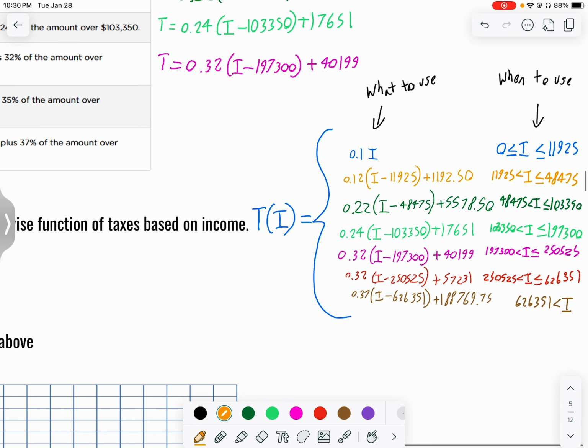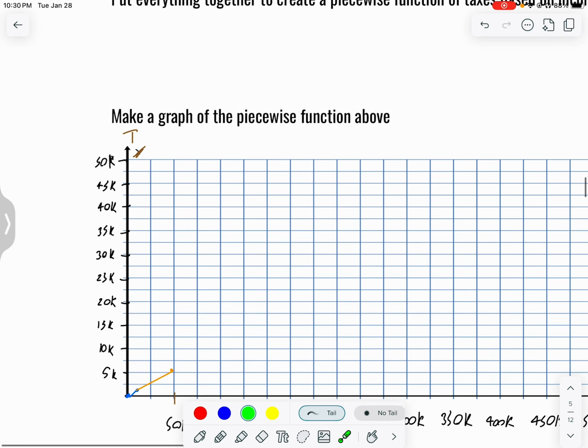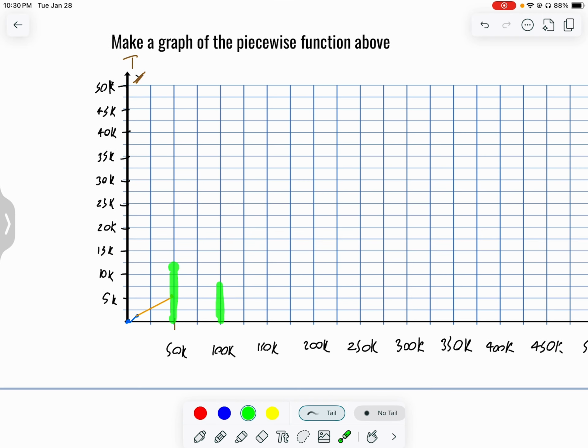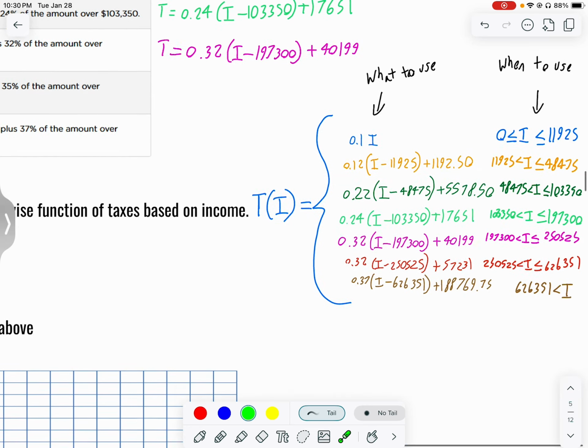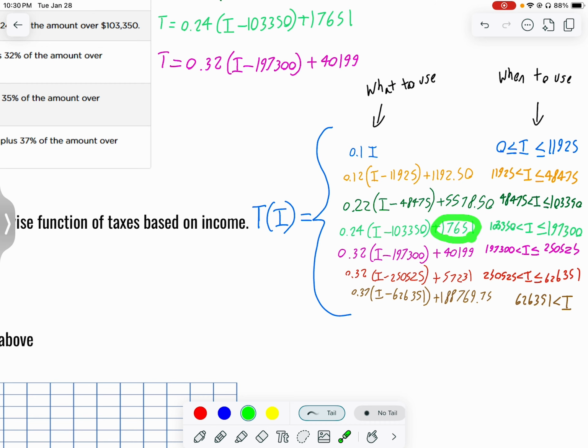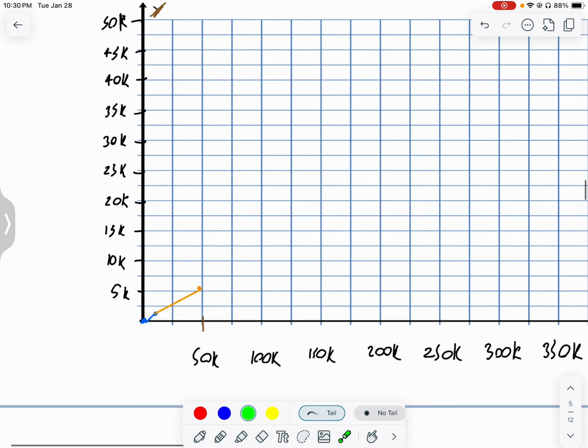Next, we've got our incomes going from 50,000 to 103,000. So we know it's going to go from here to here, basically. Roughly right there to somewhere along here. Well, what's the total cost? That's where I'm going to look down below, and the total cost is 17,600.